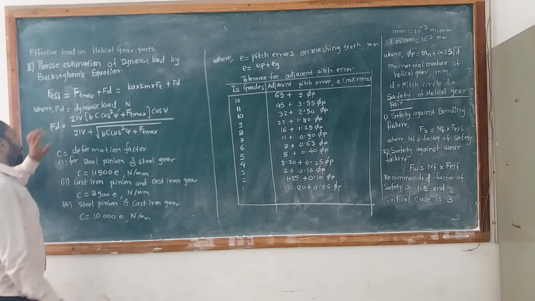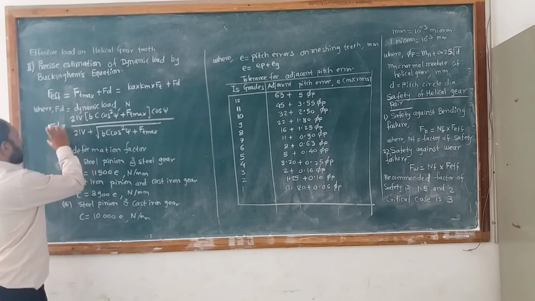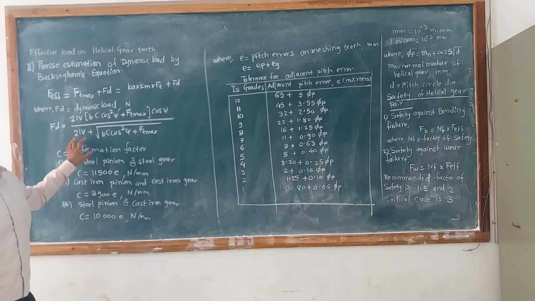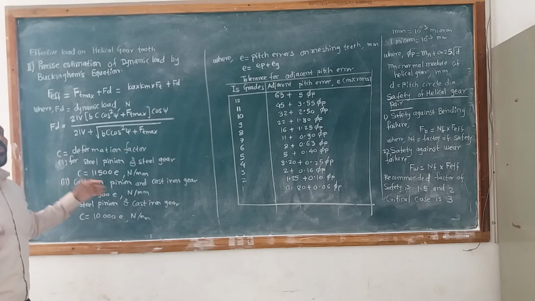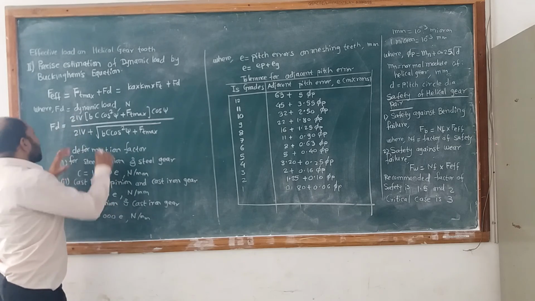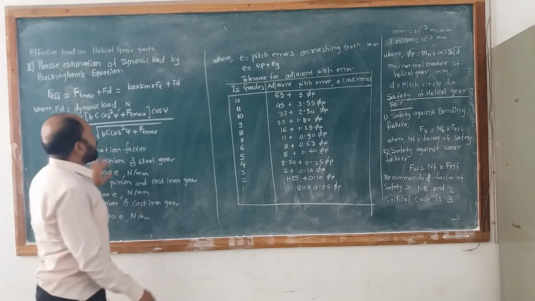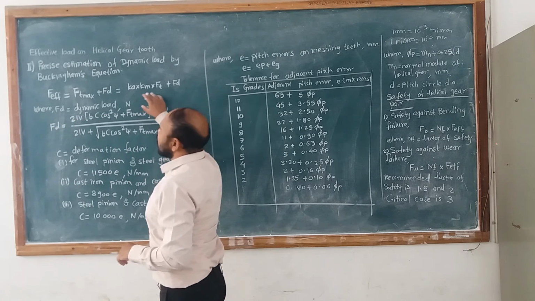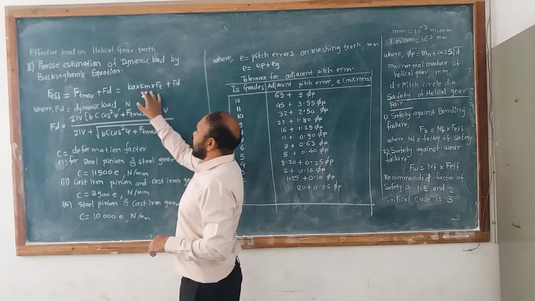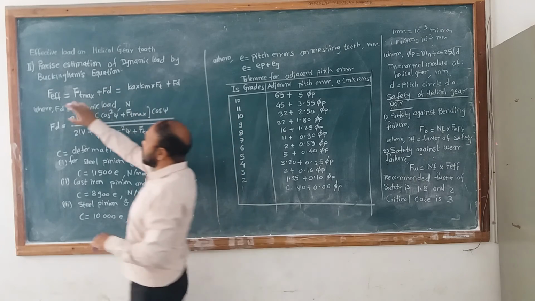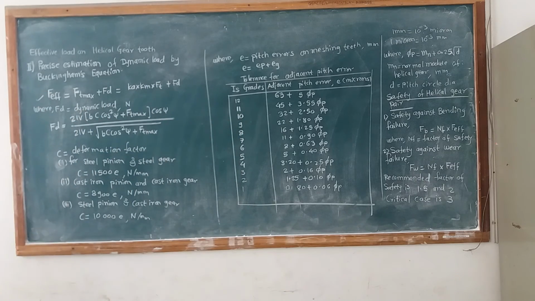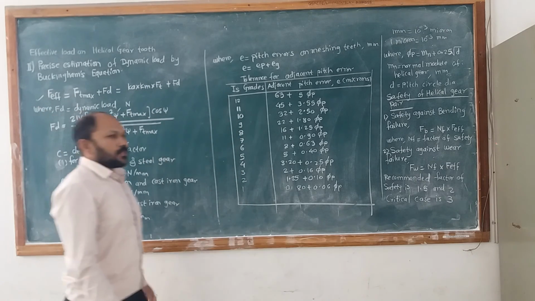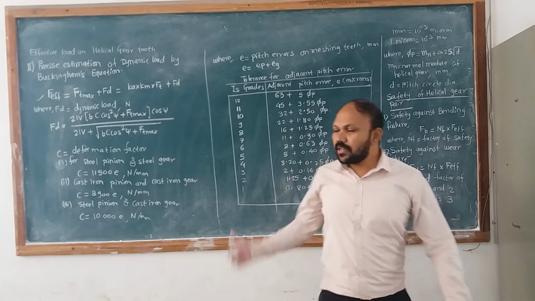After calculating this, you substitute here, calculate FD. You get the value directly because no values are unknown now, the module is also available. Substitute directly, you get the answer of FD, substitute here, and all the values are then available here, KF, KM and FT. Substituting here you get the F effective value.